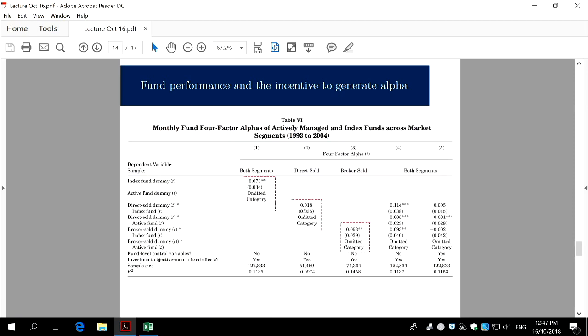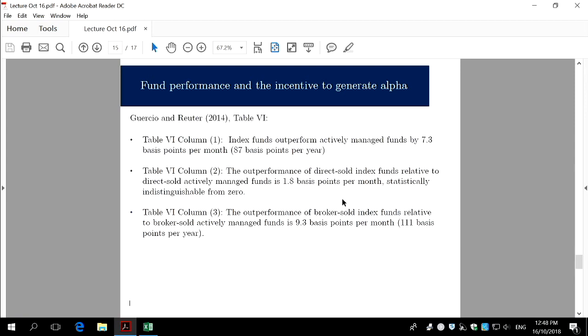So the difference between active and passive is much smaller. Passive is still a little bit higher than active, but this number is much smaller. But importantly, statistically indistinguishable from zero, which means statistically insignificant.